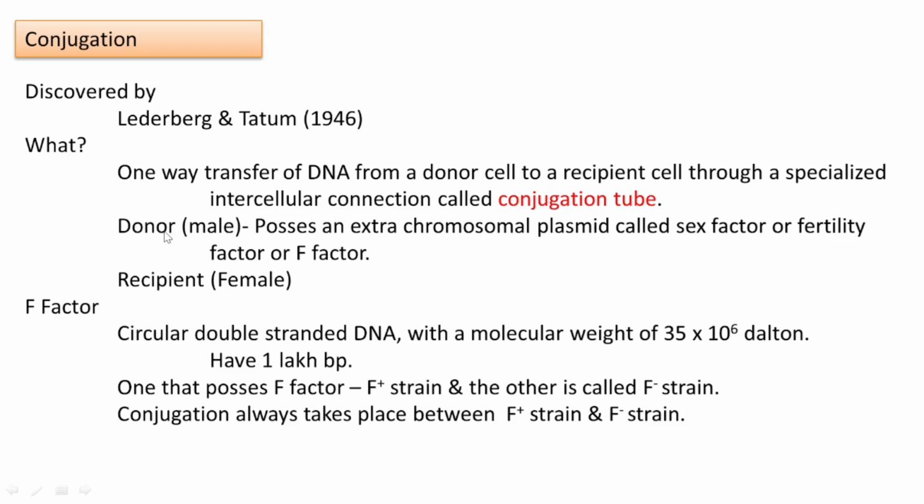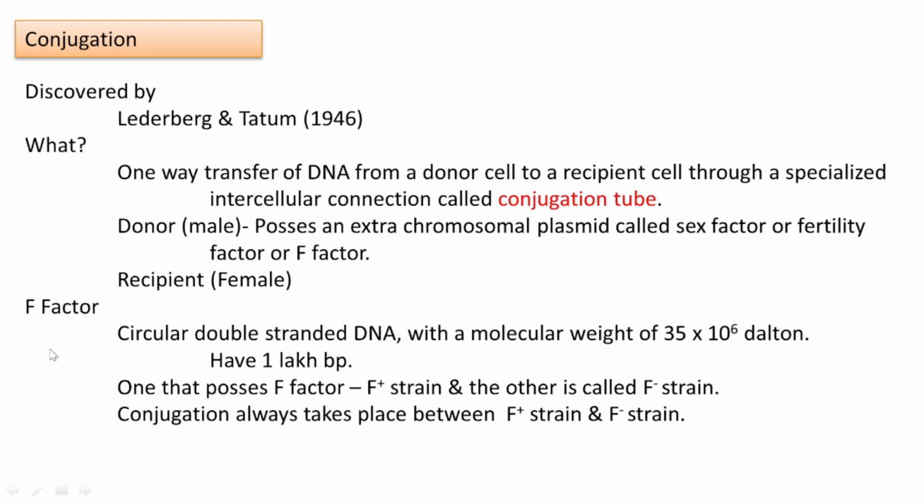And the donor will be a male. Why is it male? Because it possesses an extrachromosomal plasmid. That extrachromosomal plasmid is called a sex factor or fertility factor, or otherwise called the F factor. And the bacteria possessing this factor is male, and the other one that lacks this extrachromosomal plasmid is female.